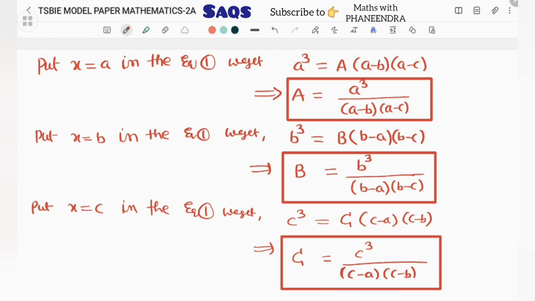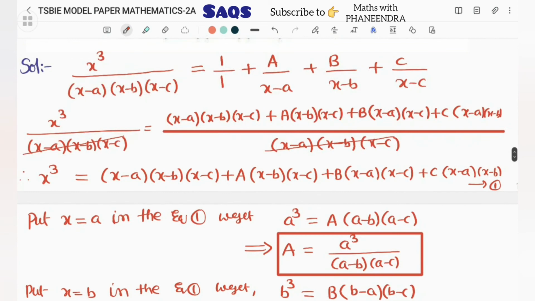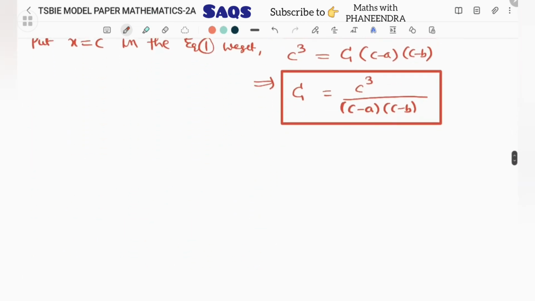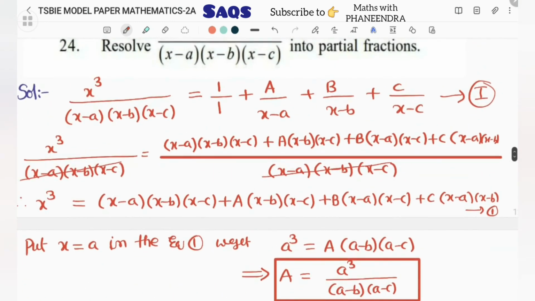After getting these values, substitute in the given equation. So capital A, capital B, capital C values substituted: x cube by (x minus a)(x minus b)(x minus c) is equal to 1 plus, see here, A by x minus a.